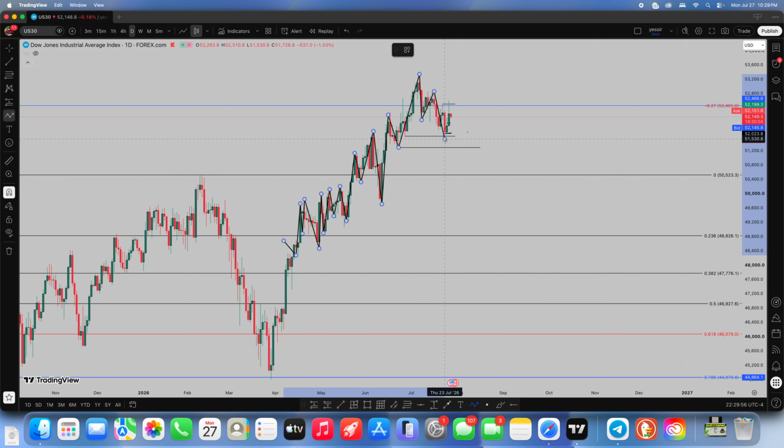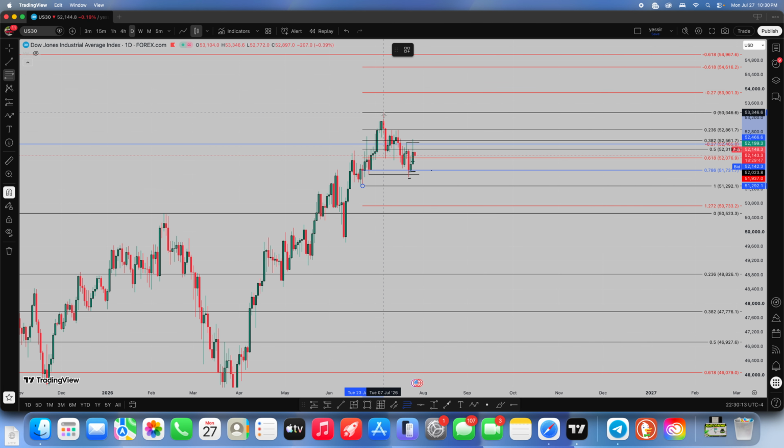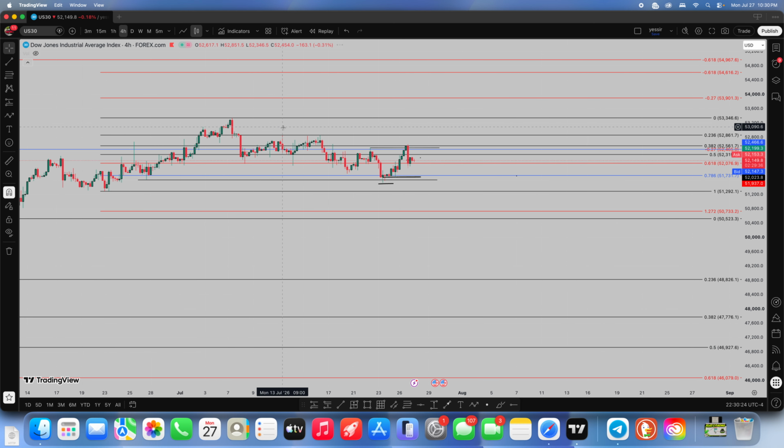Negative 27 got tapped, so I'm going to see if we're going to keep pushing, making higher highs and higher lows to make a new high. So if price does want to continue, I'll take my fib from this daily low, daily high right here. You can see price respected 78.60. Took out liquidity, and we're just waiting for structure to shift.